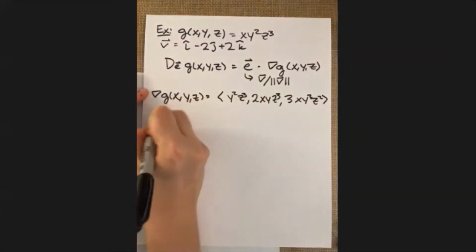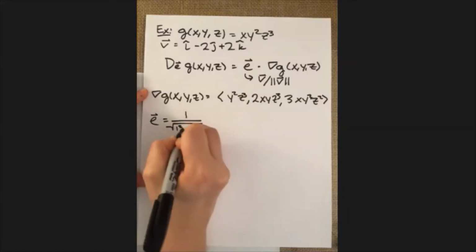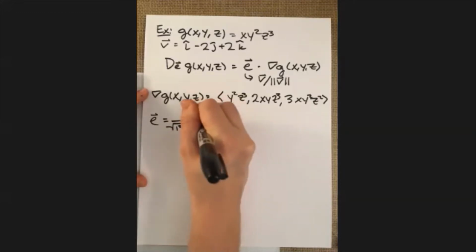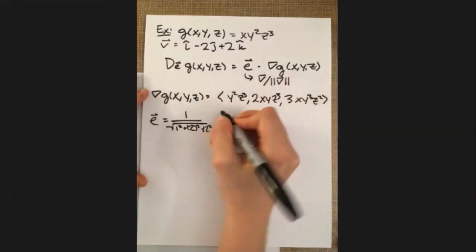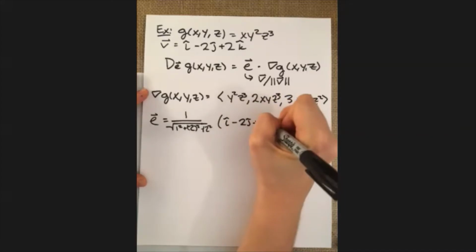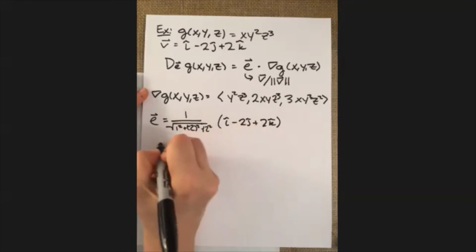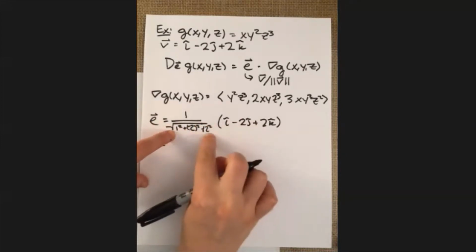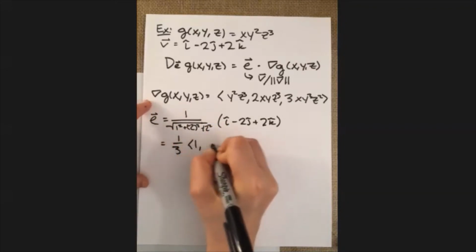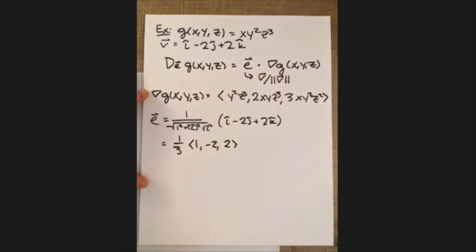And then our vector e is equal to 1 over the square root of 1 squared plus (-2) squared plus 2 squared times the vector v itself, so we'll have i hat minus 2j hat plus 2k hat. I typically like to write these out with the bracket notation, so I'm going to adjust that a little bit. This all right here is just equal to 9, so we take the square root of 9 and we get 1 over 3 times <1, -2, 2> for the direction that we're going to be plugging into this equation here.